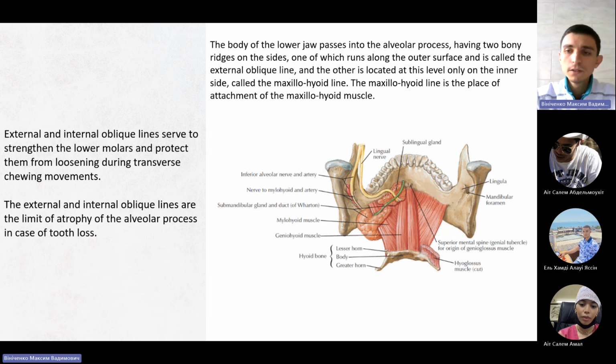The mylohyoid line is the place of attachment of the mylohyoid muscles. External and internal oblique lines serve to strengthen the lower molars and protect them from loosening during transverse chewing movements. The external and the internal oblique lines are the limit of the atrophy of the alveolar process in case of tooth loss.